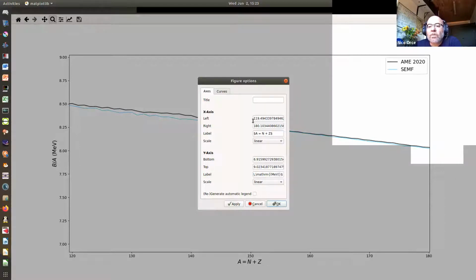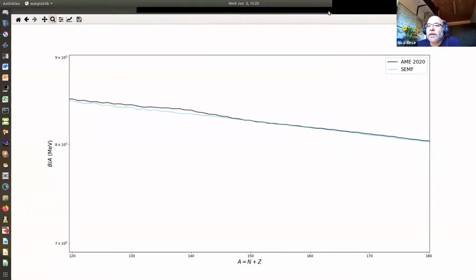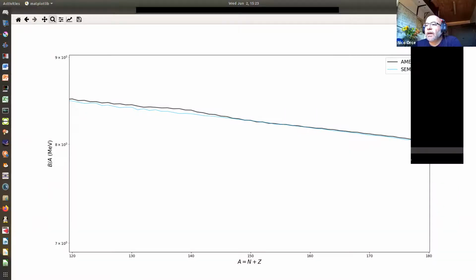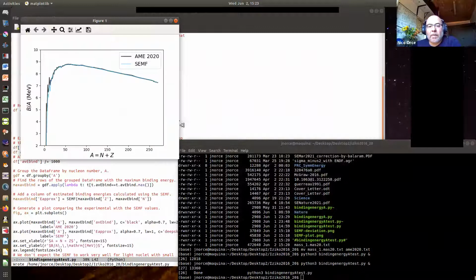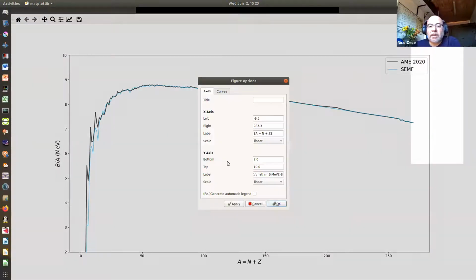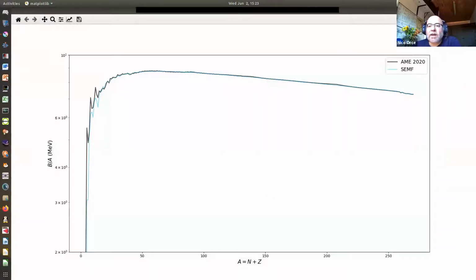You can put the x on log, or you can put the y on log. Let's see how the whole thing looks in log scale. I change it here. I want you to explore these things. It doesn't change much.